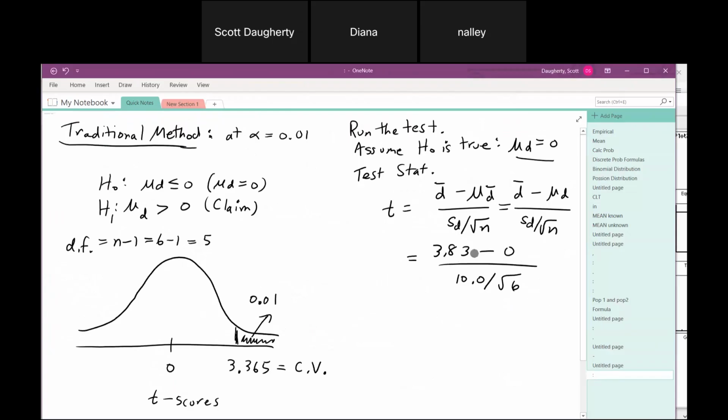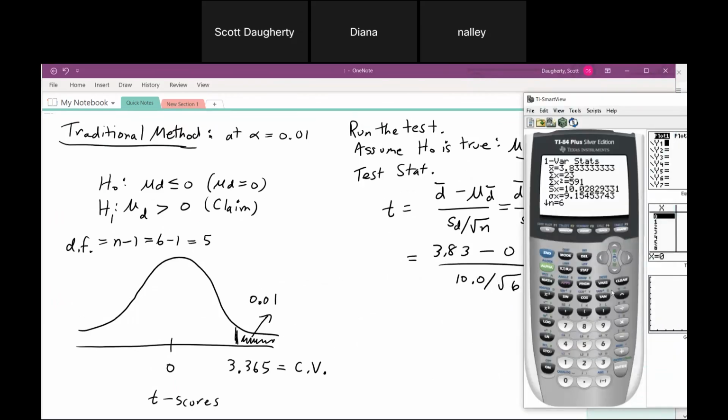I mean, the absolute difference between this and zero is 3.83. That's how far away it is. It doesn't mean much to us. We want to know how many standard deviations this is away from zero. And that's what the bottom number is. The bottom number is what a standard deviation is. So in this particular case, a standard deviation is 10 divided by the square root of 6.